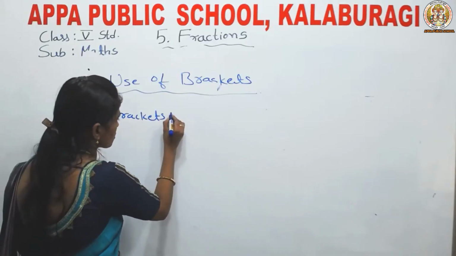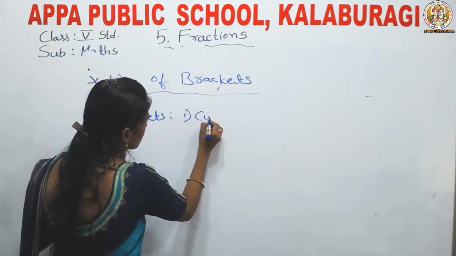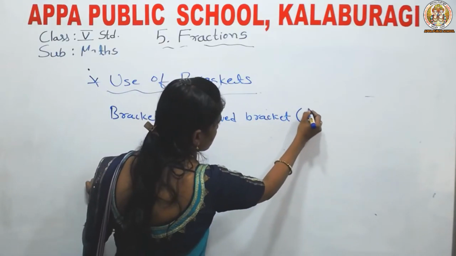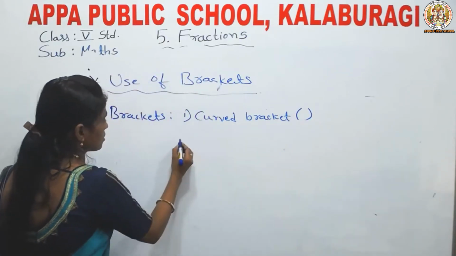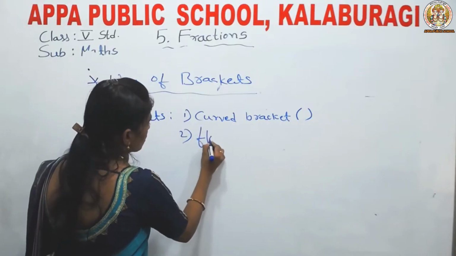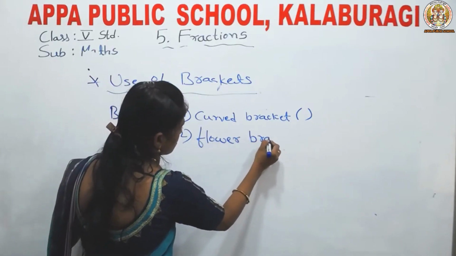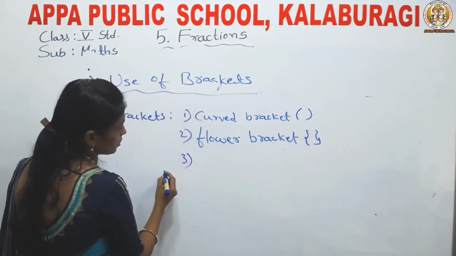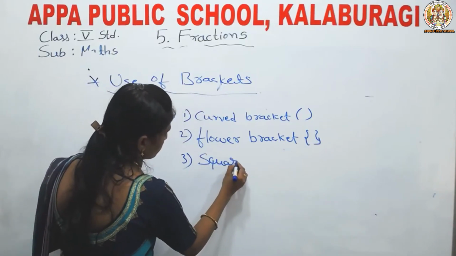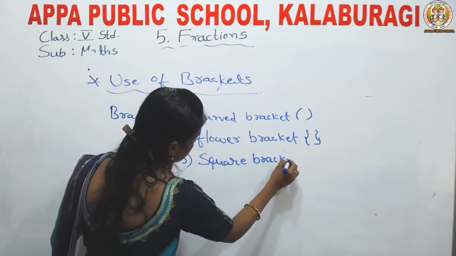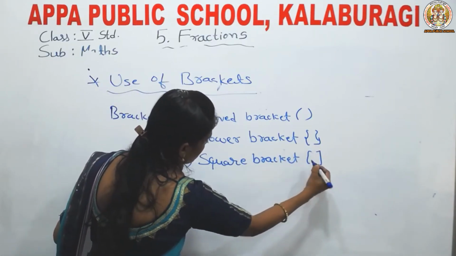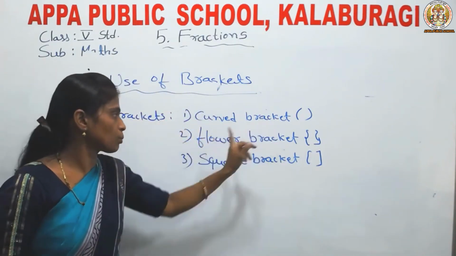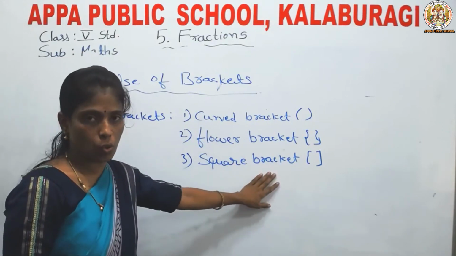First one, curved bracket. This is called curved bracket. And second, flower bracket. And third one, square bracket. Here are three commonly used brackets: curved bracket, flower bracket, and square bracket.